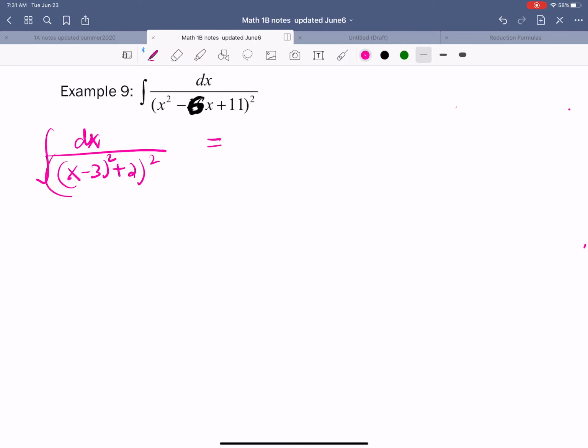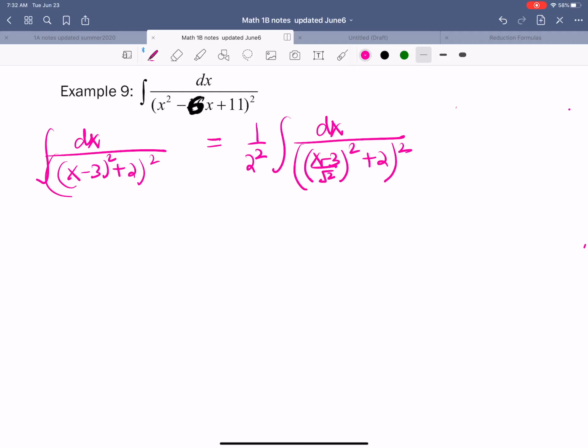That's just an algebraic simplification. This would become x minus 3 over square root of 2, squared, plus 2, everything squared. So I pulled out a 2 squared from the denominator, I pulled out a 4 from the denominator. You can multiply the 4 back in here and you would get the same thing back.